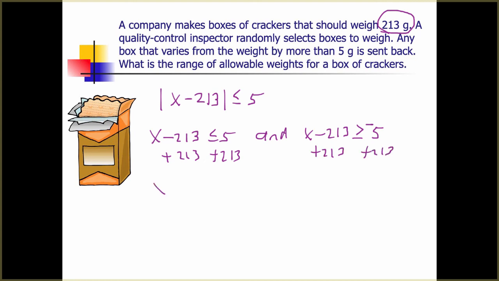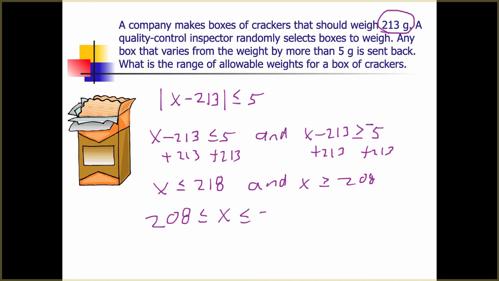And one thing that's nice about these problems is you should be able to see if you're getting the right answer. So you have x is less than or equal to 218 and x is greater than or equal to 208, which makes sense. So our range is 208 is less than or equal to x, where x is our box weight, less than or equal to 218. And x is the weight.